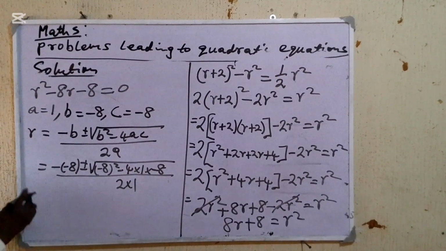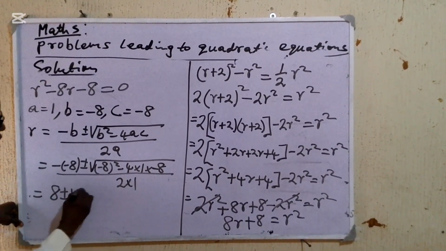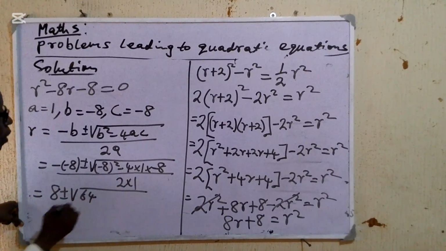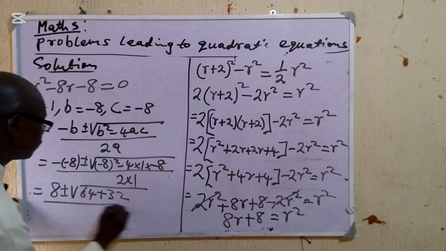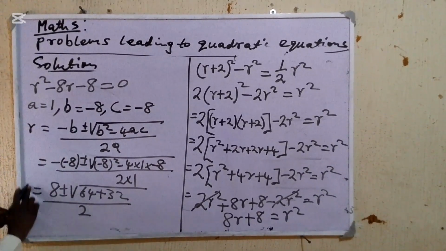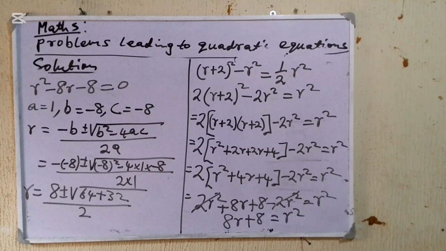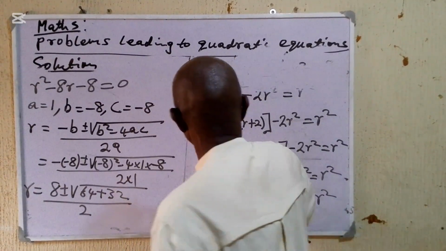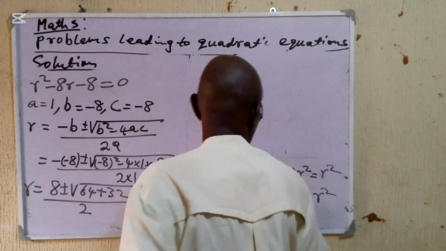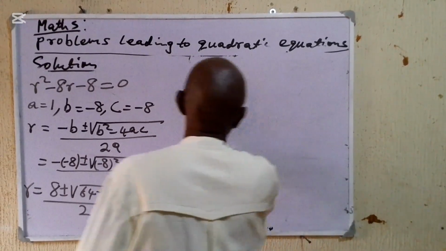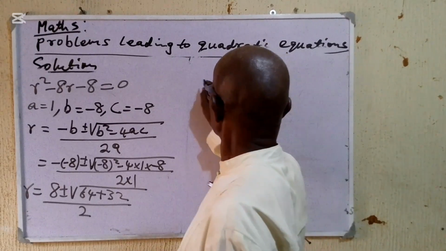And that will lead us to 8 plus or minus square root of 64 plus 32, all over 2. That is, we are still continuing with the value of r. So from there we come over here and simplify further.